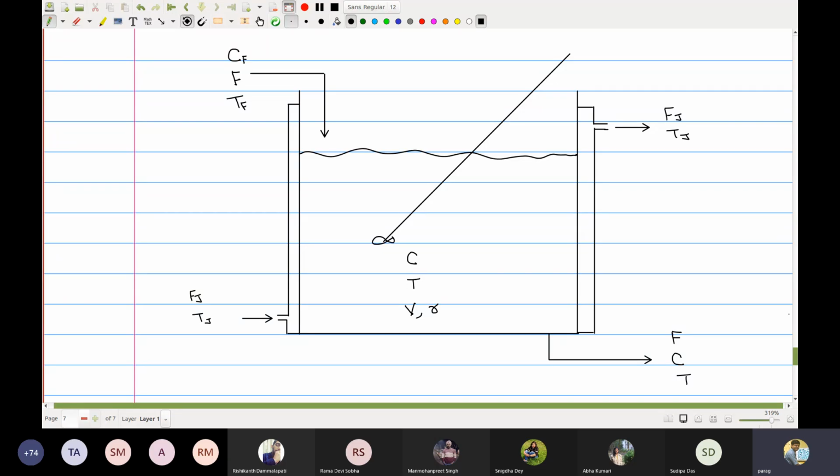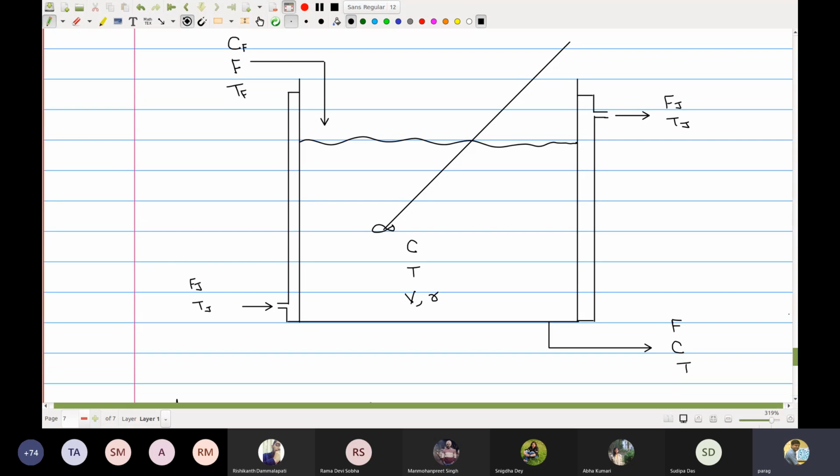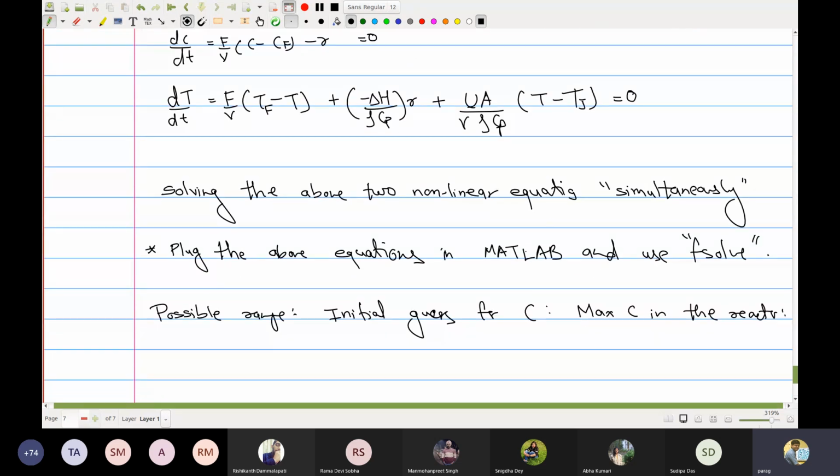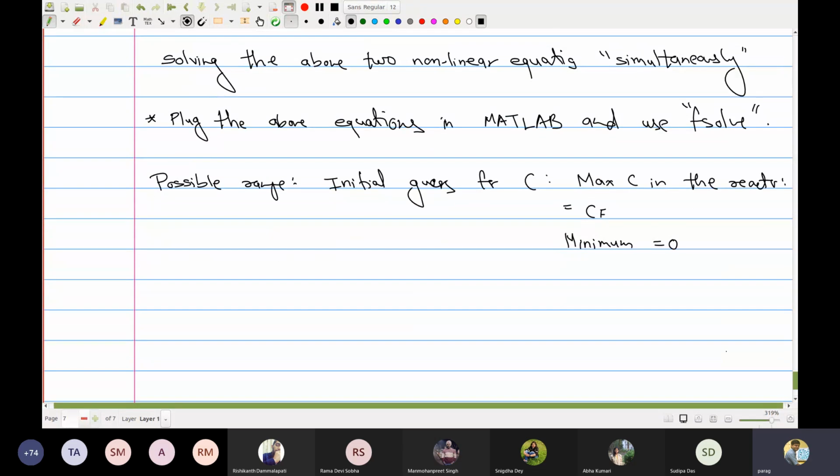It is simply acting as a vessel. So the maximum C is equal to C feed. And minimum, well, minimum we know is 0, the condition where all of the reactant gets consumed. So the range for the initial guess of C is 0 to Ca feed, right?